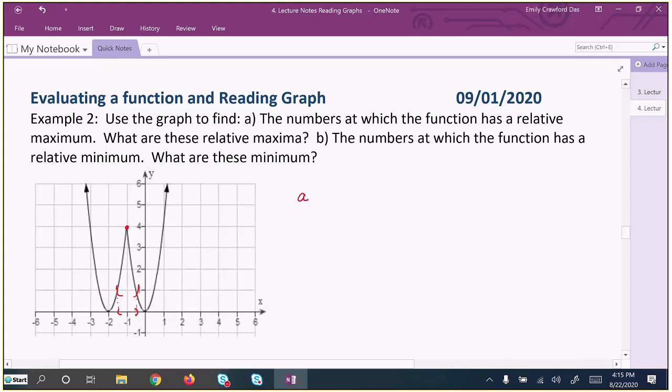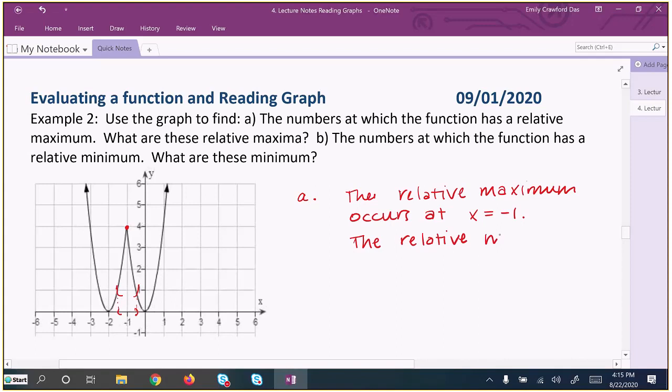So the answer to part A, the relative maximum occurs at x equals -1. So we say that it occurs at the given x value, but it also asks what is the maximum value? So that means what is the y value at this x equals -1.